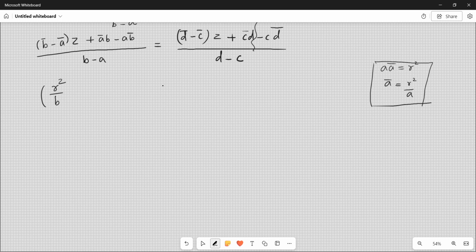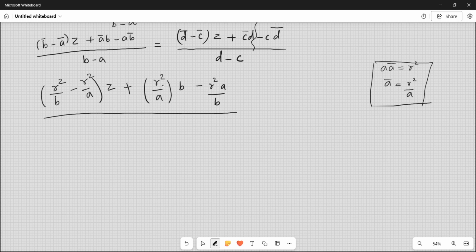So from here I can say that b bar is equal to r square by b minus r square by a times z plus r square times a into r square times a into b minus r square a by b, and upon, in the denominator there is b minus a, and here it is r square upon d minus r square upon c into z plus r square d upon c minus r square c upon d.